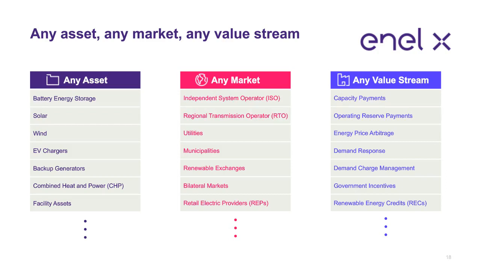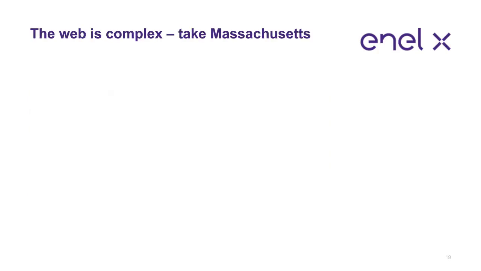You can only do one of them. So there's some mutual exclusivity. There's interrelationships between all of them. And so the key is really understanding how your assets fit into a given market and which value streams make the most sense based on your particular setup. So let's take a specific example just to show what that spaghetti chart might look like and show how complex it can quickly get.